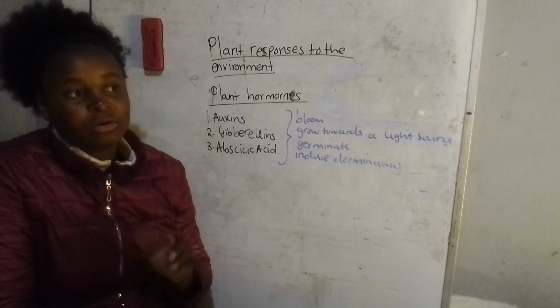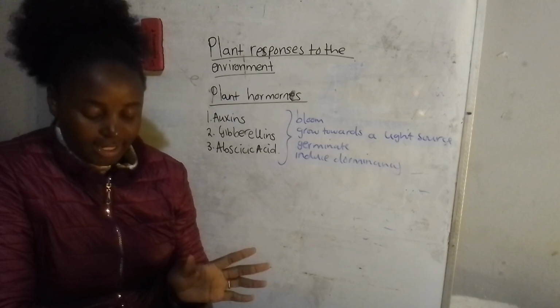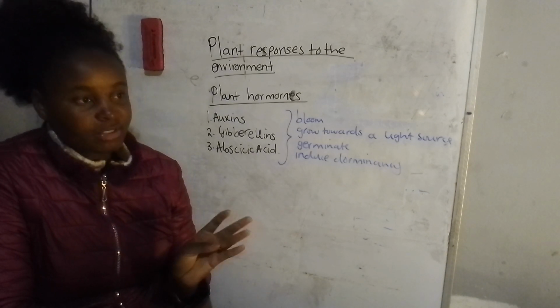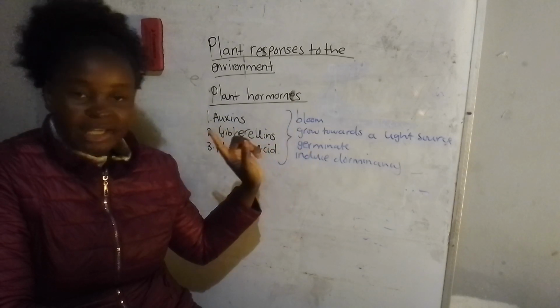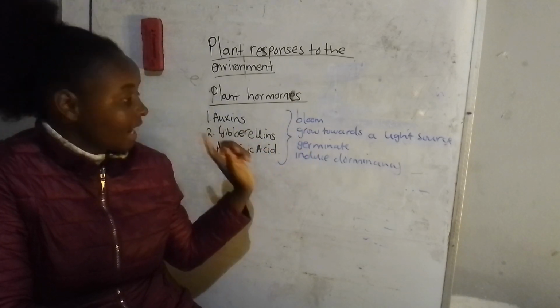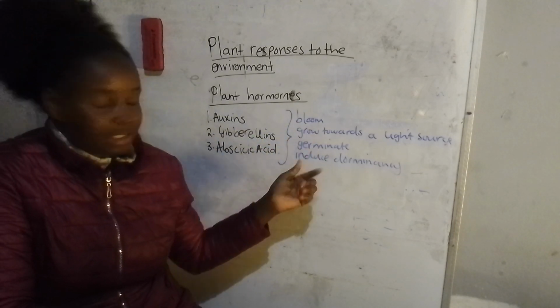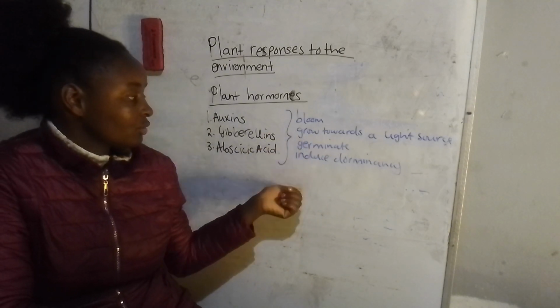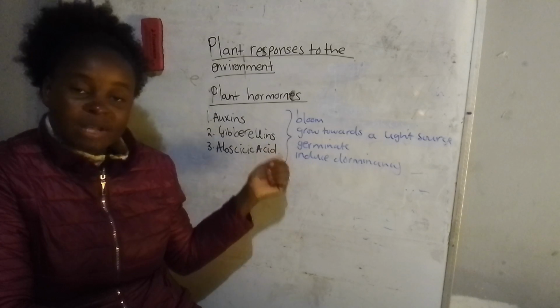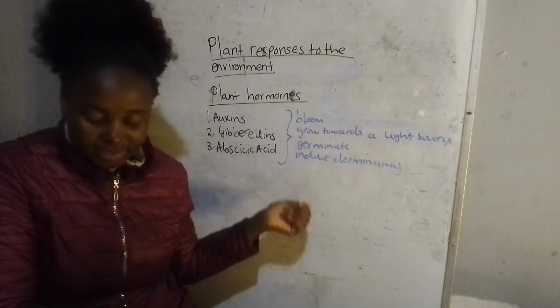And why are they all important? Just in general, we're saying that these hormones allow plants to bloom at the appropriate time. They allow plants to grow towards a source of light. You understand it when we look at phototropism. They also allow plants to germinate at the appropriate time.